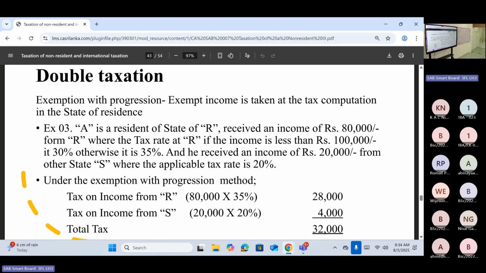So the same thing. If this country is receiving 80,000, if that income is equal or more than 100,000, if it is less than 100,000, the rate is.